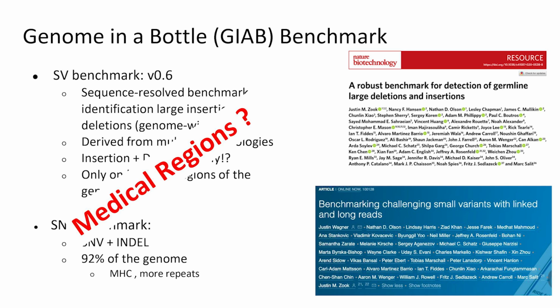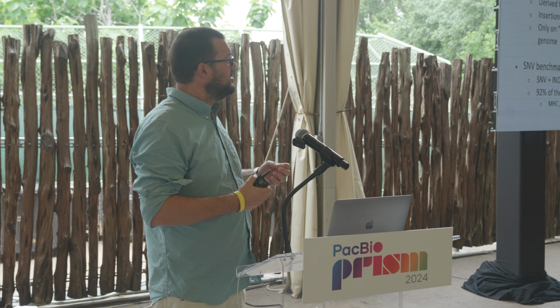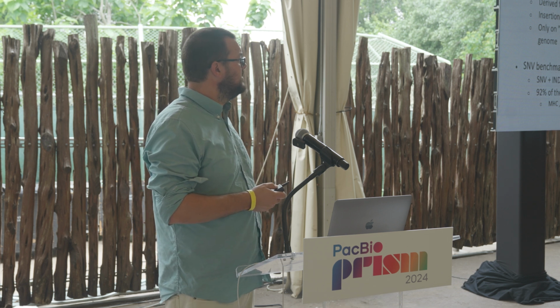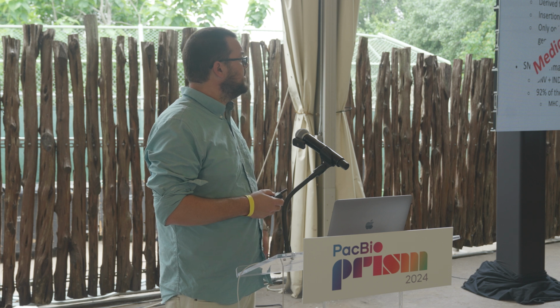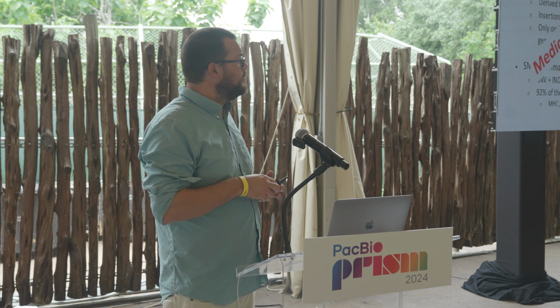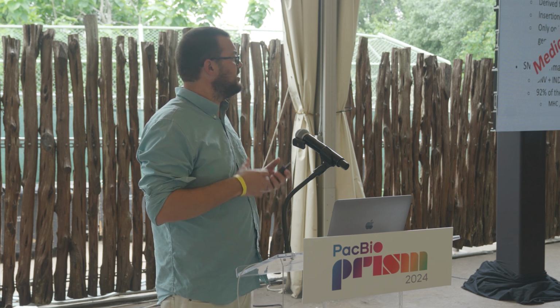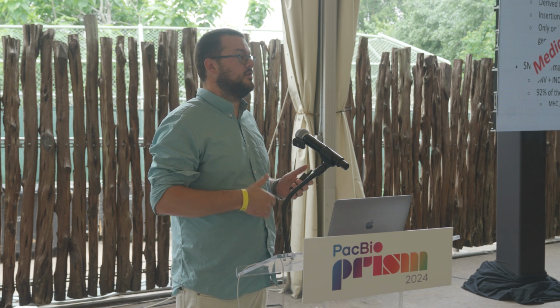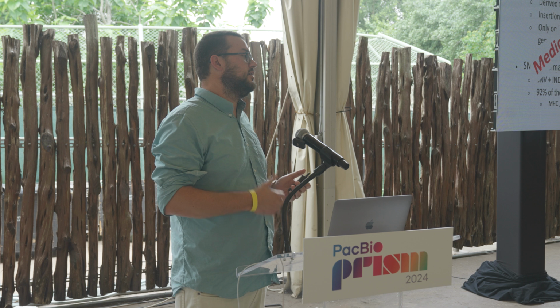The SV benchmark is much more focused because it's also a little bit derived from short reads, so there are certain disadvantages in this. But what really worried me, or what was really missing, is a focus on medical regions. We can talk about intergenic and unique regions and variants in there for ages, and this will drive our accuracy scores.